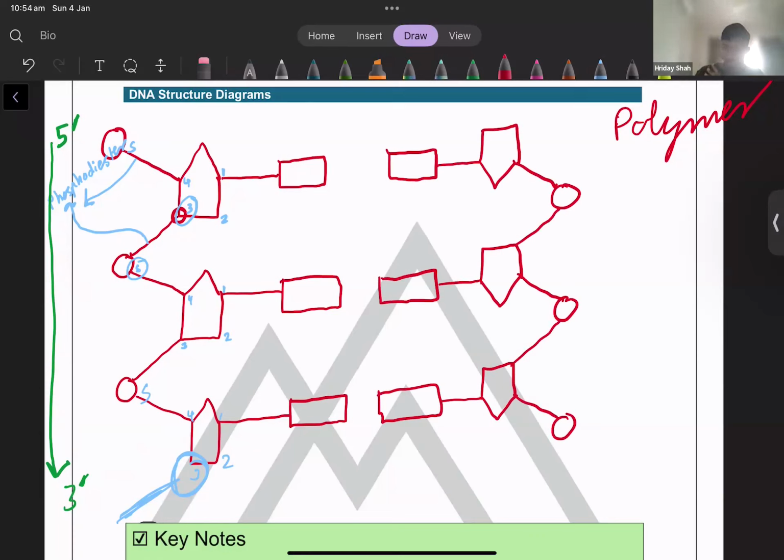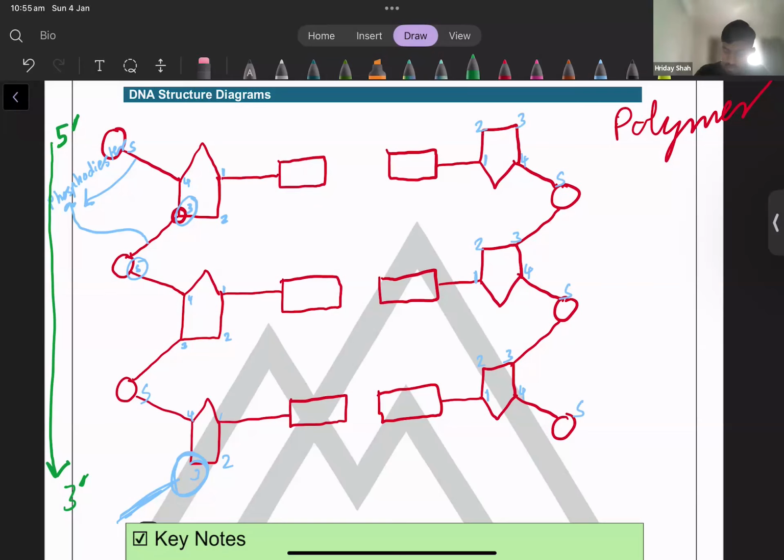So again, if we go to work labeling the carbons, this is going to be carbon number 1, 2, 3, 4, and 5.